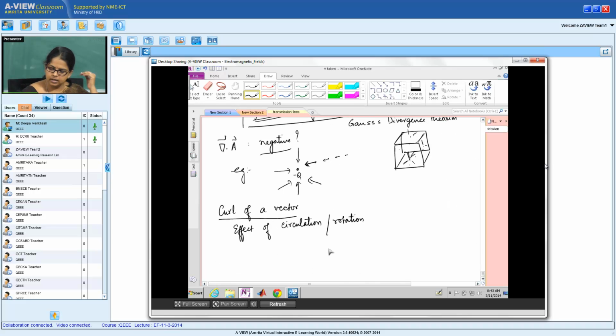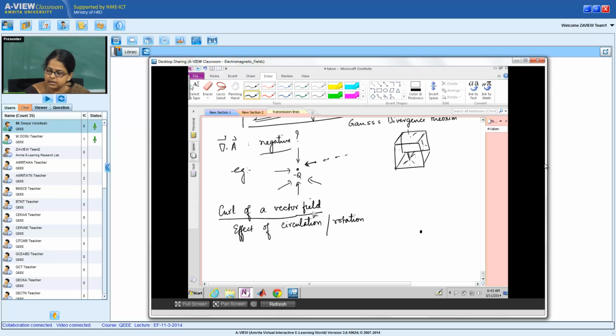All right. So let us say I have a point here. This is again a vector, the curl of a vector field, which means I have something like an electric field whose magnitude is changing with position, whose direction also is changing with position.